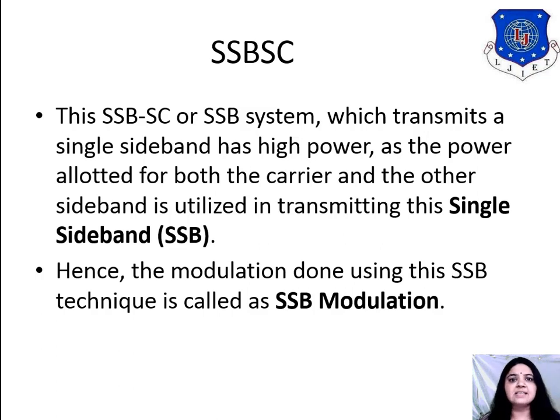So this SSBSC or SSB system transmits a single sideband at a higher power, as the power loaded for both the carrier and the other sideband is utilized in transmitting the single sideband. Hence, the modulation done using this technique is called SSB modulation.